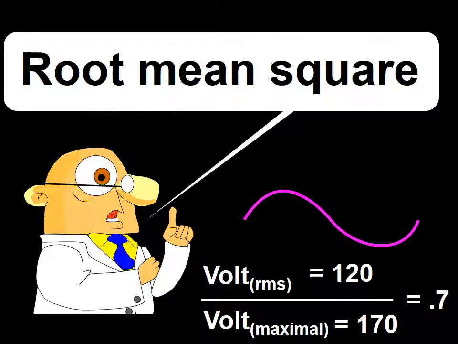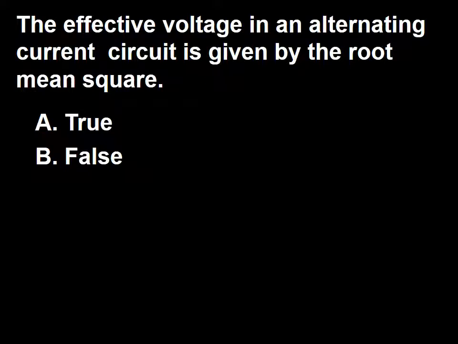And as you recall, 0.7 is the constant to convert Vmax to volts root mean square, or making it compatible with volts from a direct current source.